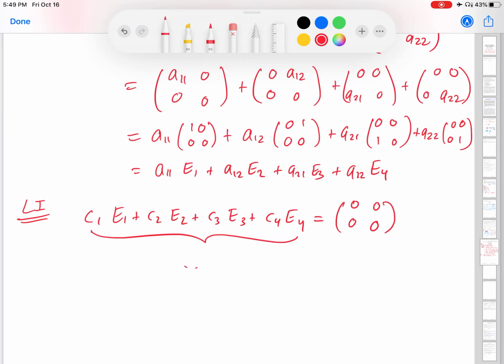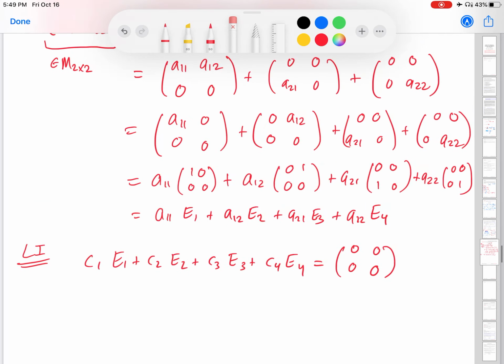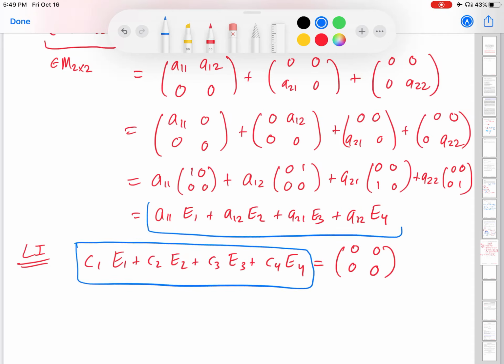And rather than write all this out, I'm just going to point because, for this example, it's kind of nice what's going to happen. What's going to happen is we've already done this. So, if you look at this linear combination on the left-hand side, it is the same as this linear combination, except that C1 and A11 are the same thing, right?